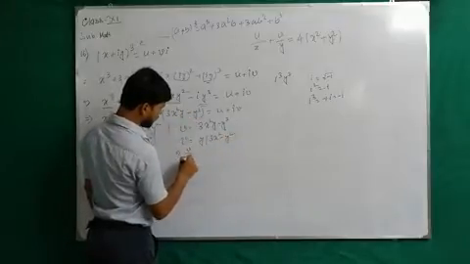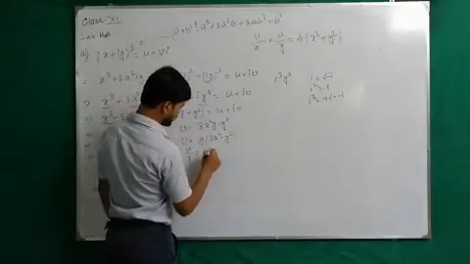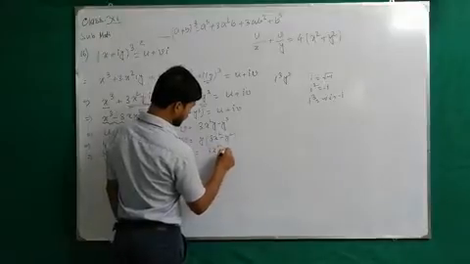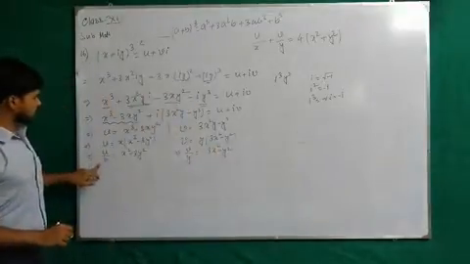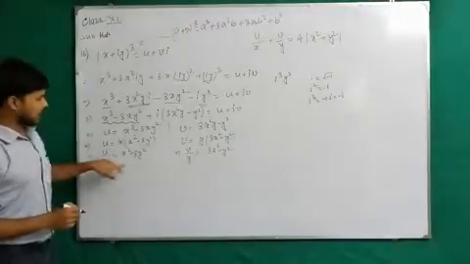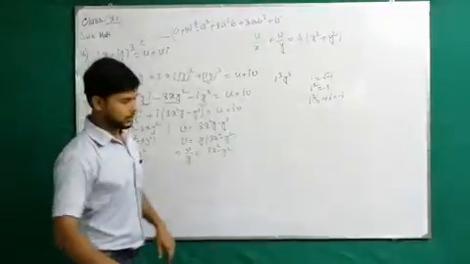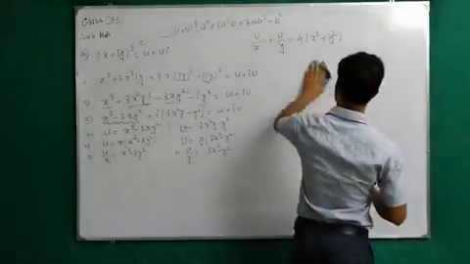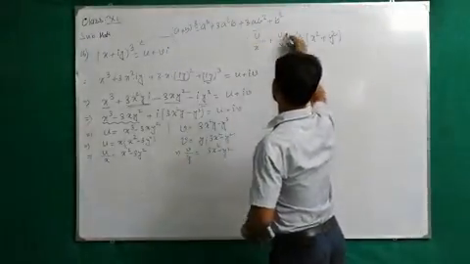That means ∂v/∂y is equal to 3x square minus y square. So ∂u/∂x is known, and ∂v/∂y is also known. Now put the value of ∂u/∂x and ∂v/∂y in here.